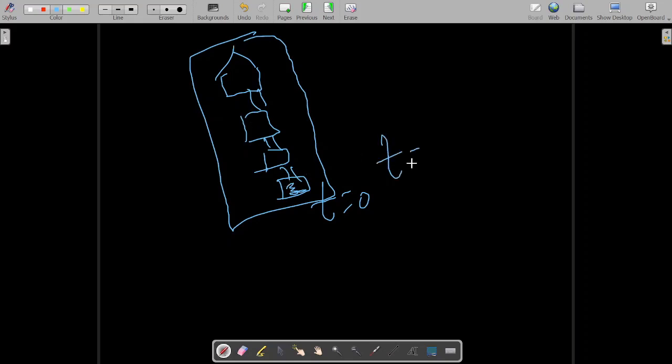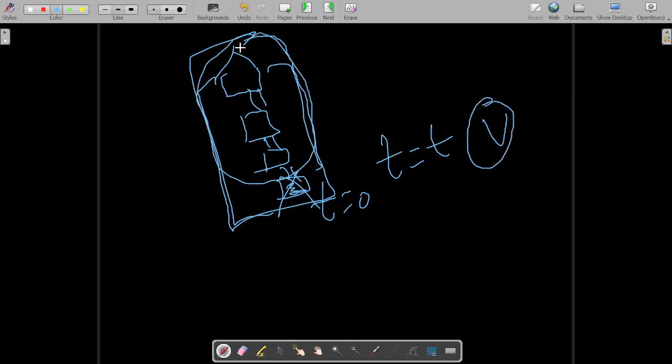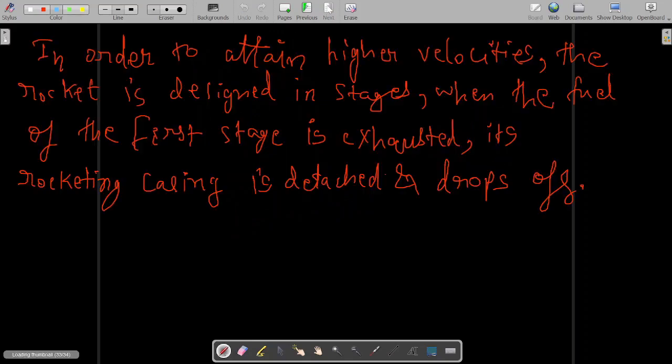Then at t equal to t, it had velocity v. At that particular time t equal to t, this part was detached. For this four stage rocket, v was the final velocity, but it becomes the initial velocity of this three stage rocket, the three stages which remain now.